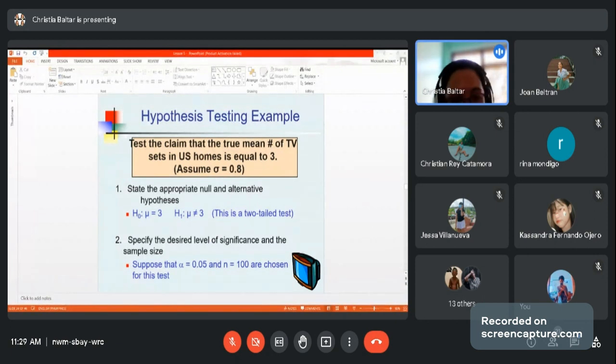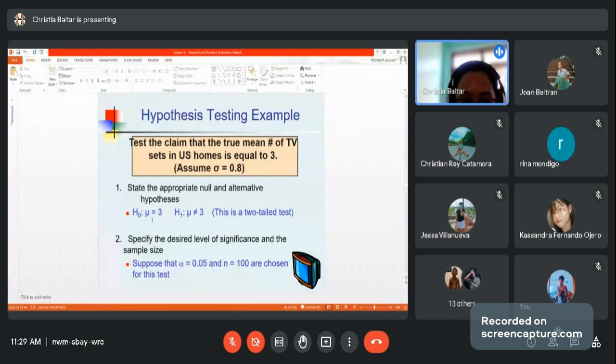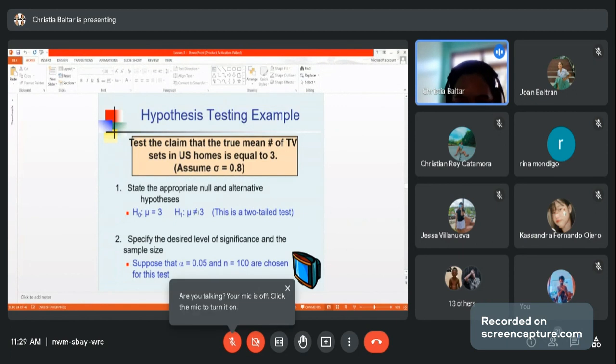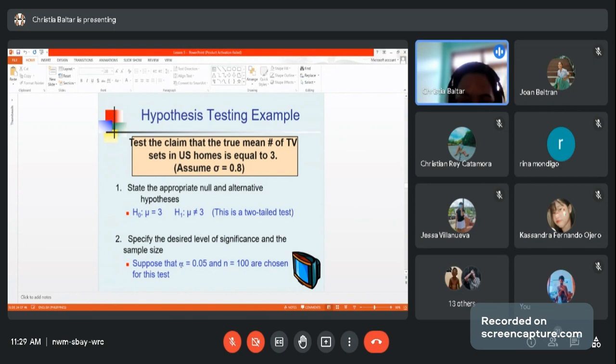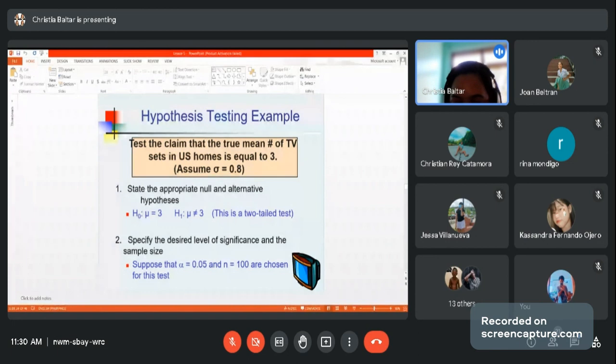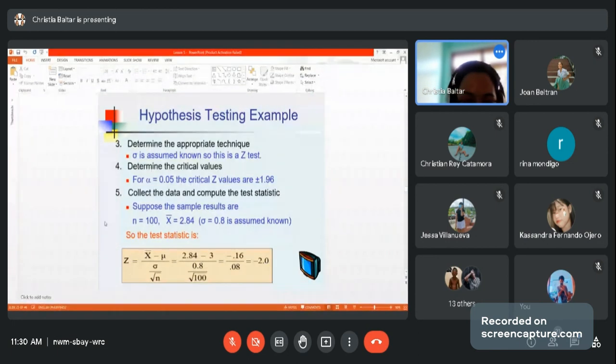So the first step is to write your null and alternative hypothesis. In this example, we have mu equals 3 against the alternative that mu is not equal to 3. This is not equal, therefore it is a two-tailed test. Given alpha equals 0.05 and n equals 100, we determine its z.